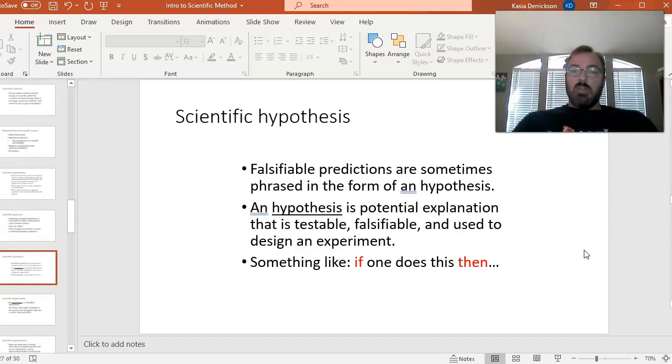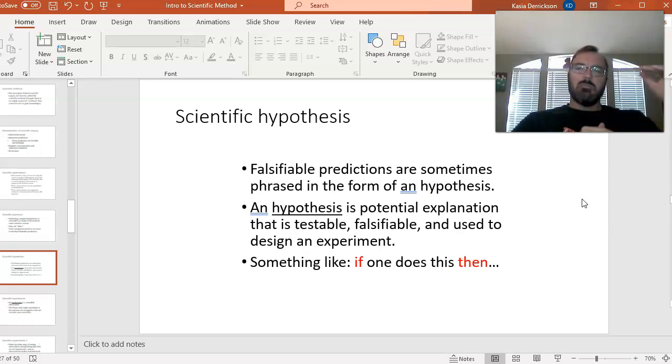All right, so a hypothesis is a very important distinction here. It's a falsifiable prediction, all right? And we need this to be testable, right? I already mentioned falsifiable, and usually to design an experiment. All right, and you can kind of think, hypothesis comes, you do some testing, and it's okay to think of it as: first you have a hypothesis, then you have a theory or a law.